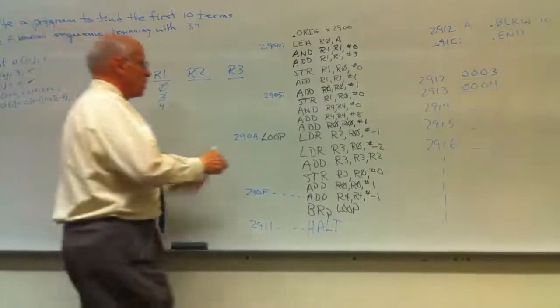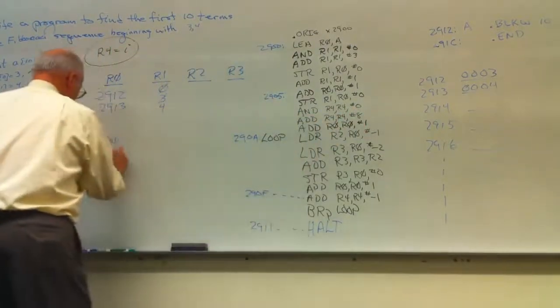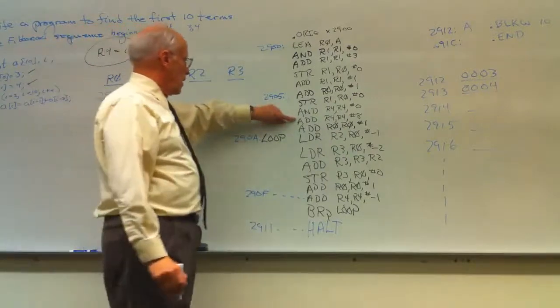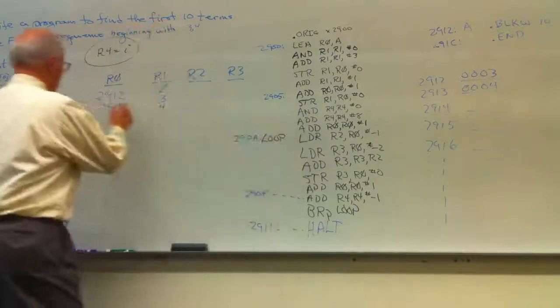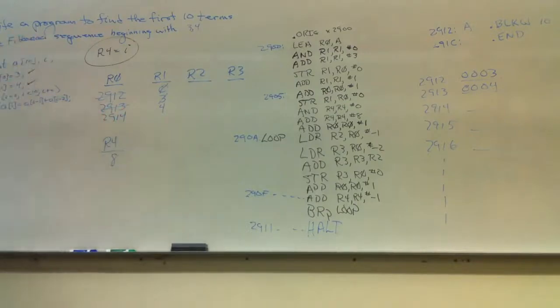Now then, this clears register 0 and this puts an 8 in it. We add 1 onto register 0, so now we've got 2914 in register 0. Okay, now we get into that base offset addressing mode.